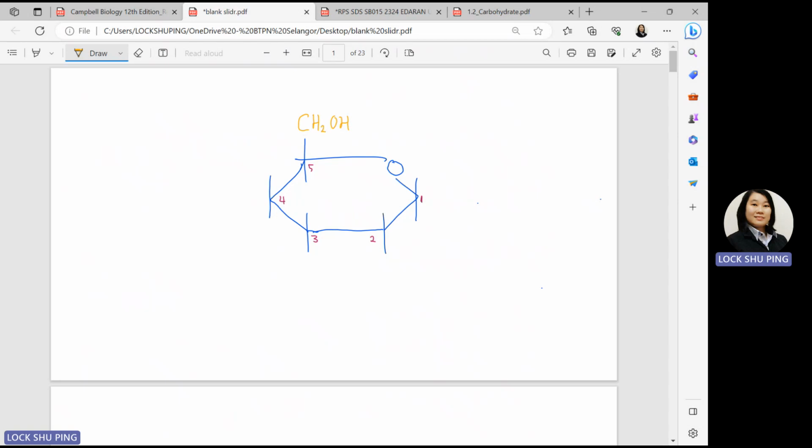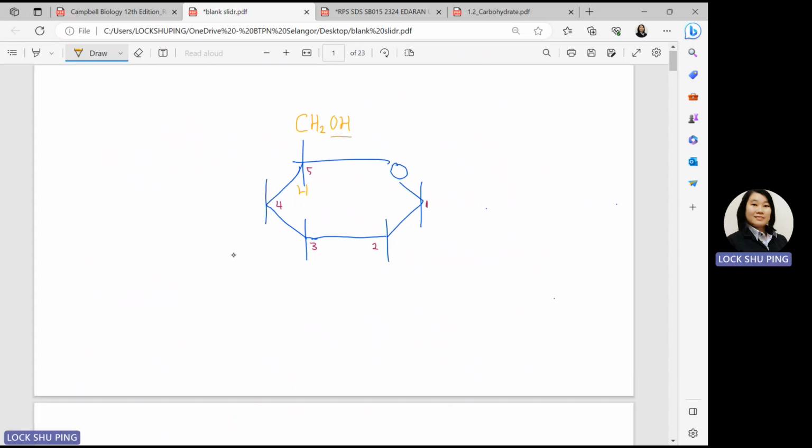The easiest thing is to look at carbon 5. At the top part, we already have the hydroxyl group. Therefore, the bottom part at carbon number 5 will be a hydrogen. So opposite to the hydrogen is here.